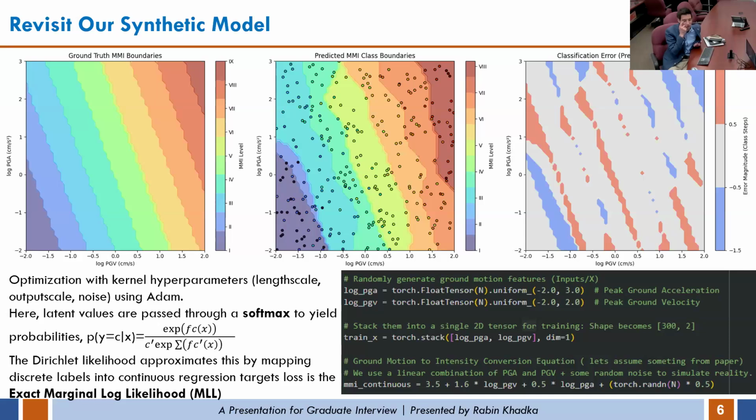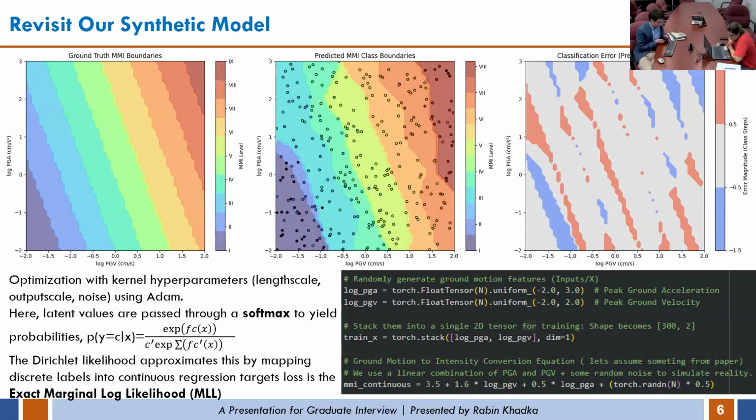You can continue, Rabin, if there is nothing more to say on this slide. Are there any questions? How was the synthetic data generated then? Didn't you use a correlation between PGA and PGV?